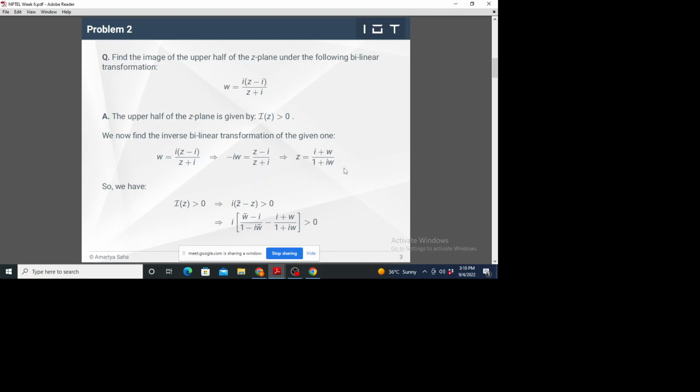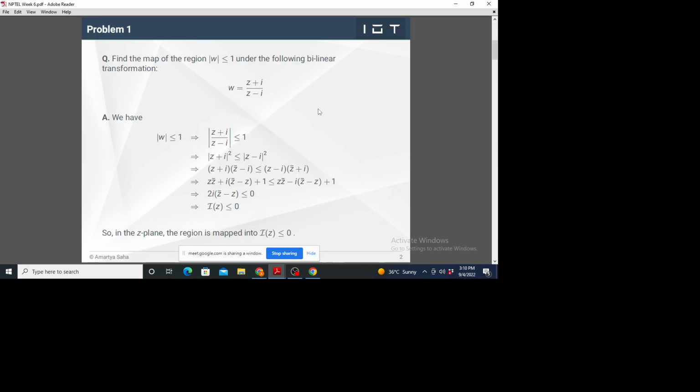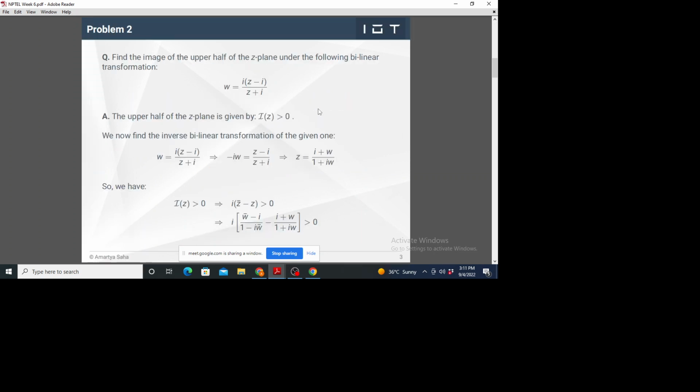But as you know, there are much more general conformal transformations. So the bilinear transformation is a very special case, and only problems involving the bilinear transformation can be treated in this direct way. This is the most direct way that we have taken in problems 1 and 2.